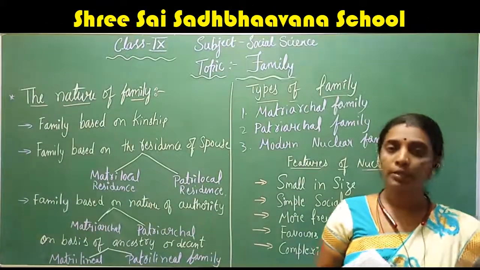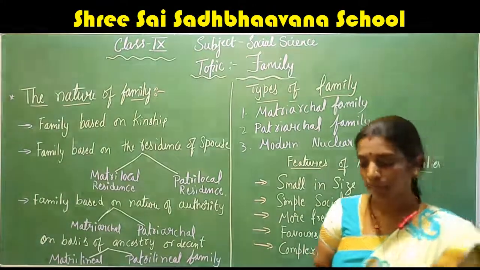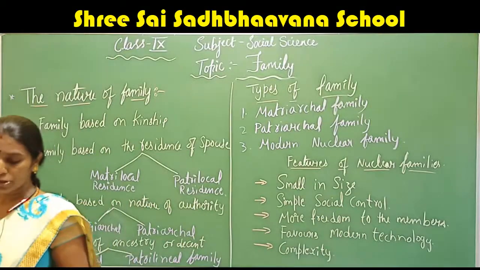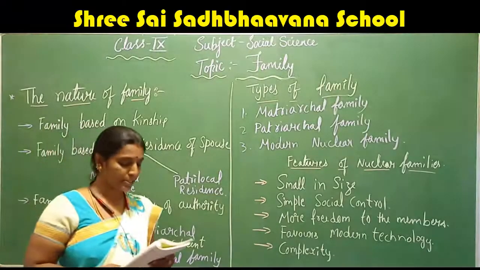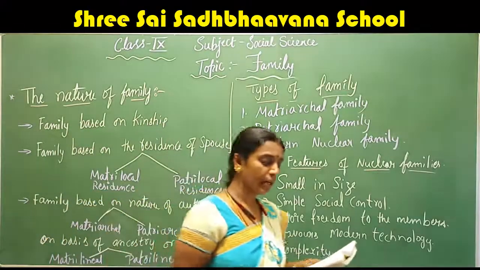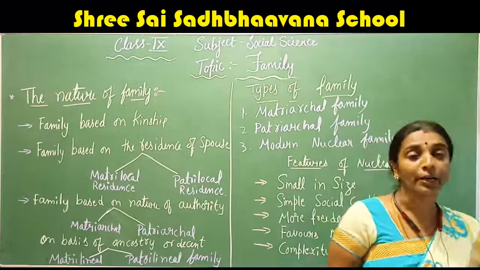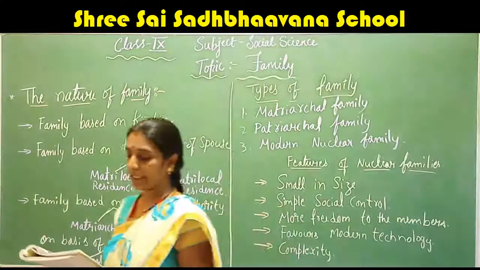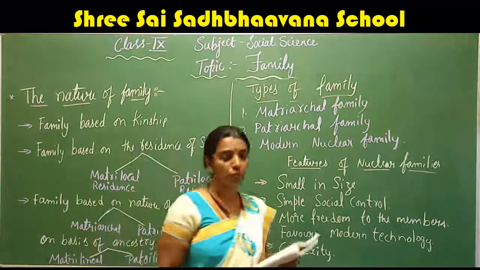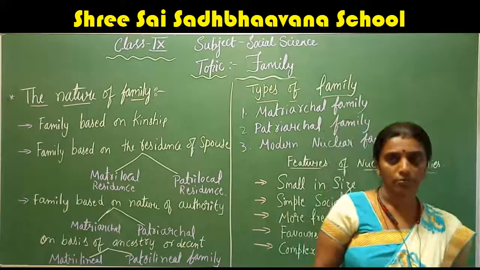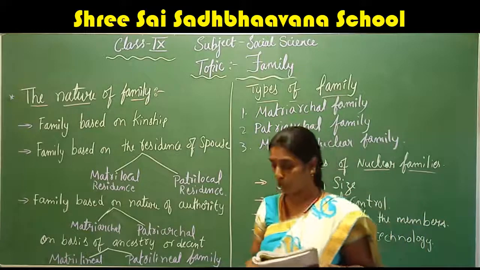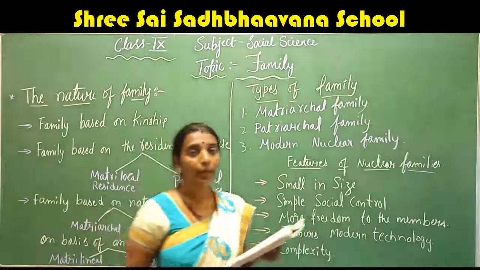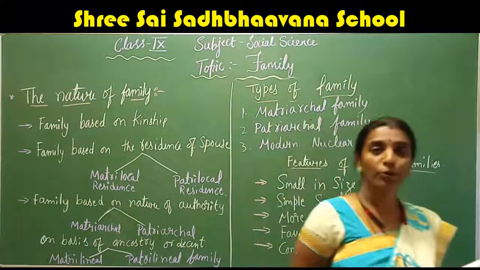Children, now let us continue with types of family. Yes, children, there are many specific traditions in families based on their geographical positions and communities. The sociologists and the anthropologists have defined the types of family on the basis of the structure of the family. Sociologists are those who scientifically study about the society.